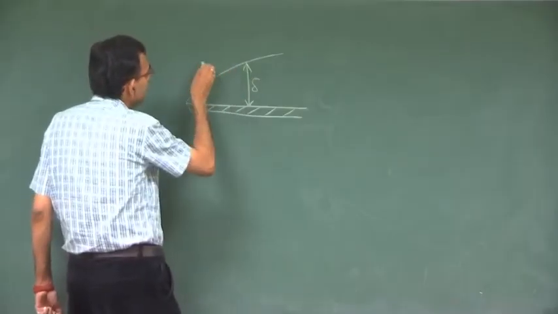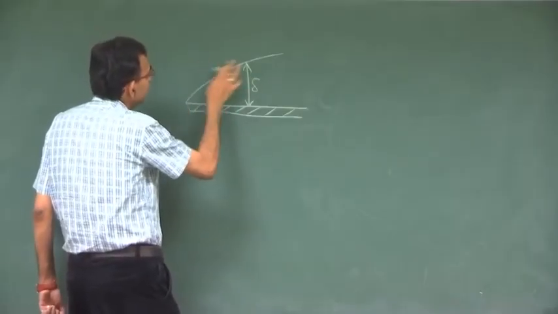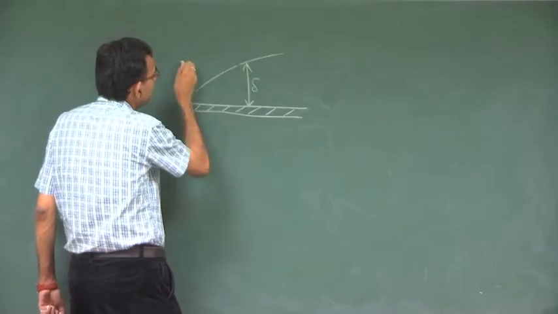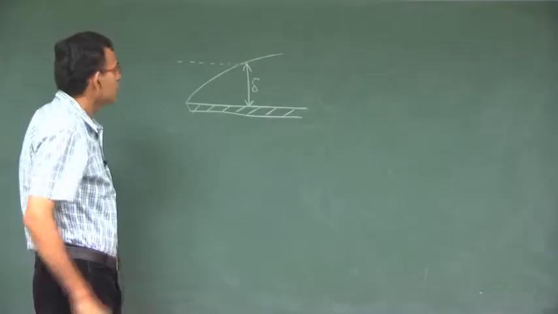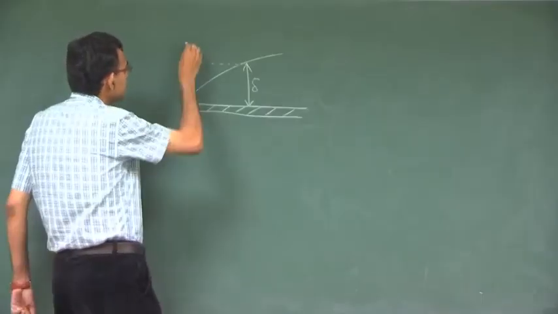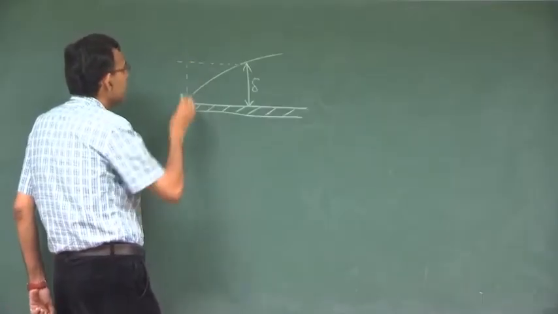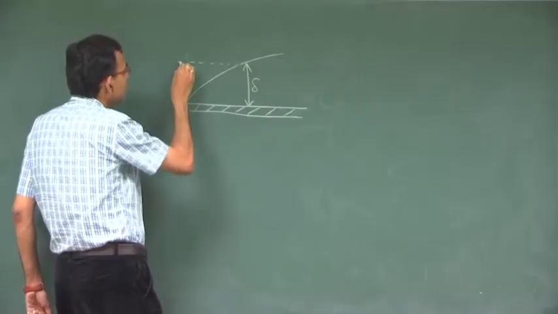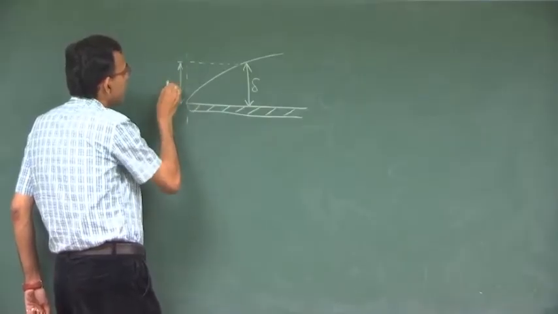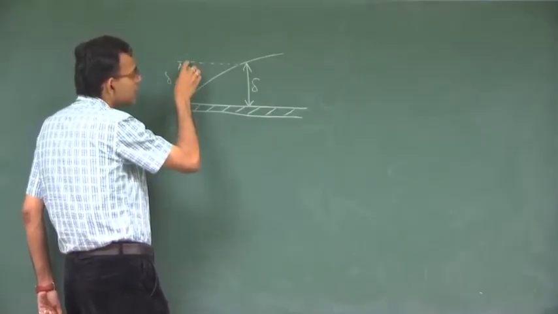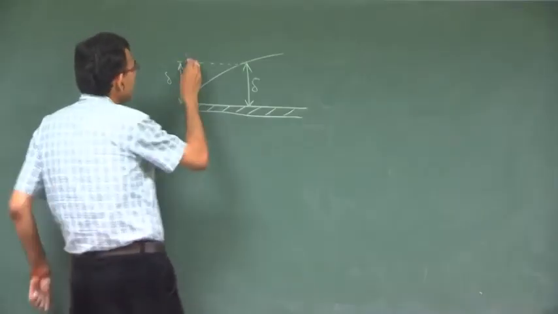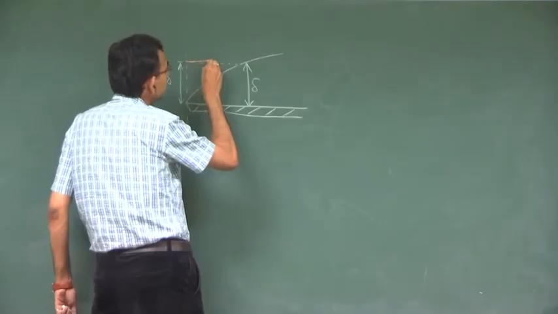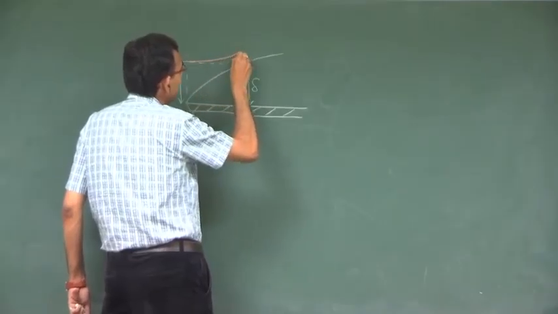Just make an imaginary construction where you draw a line parallel to the plate through this. This will cut the vertical here also at delta, and you start constructing a streamline through this. If you construct a streamline through this, the streamline will be bent.